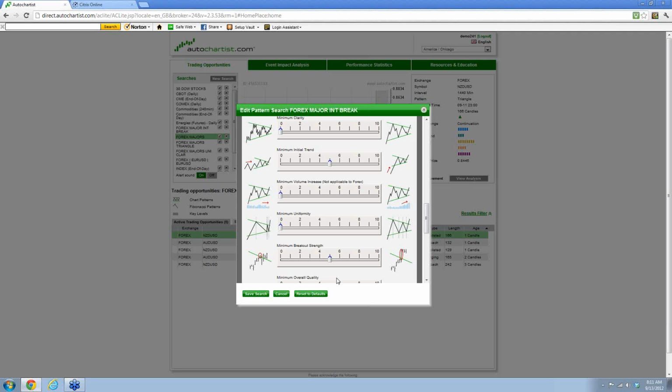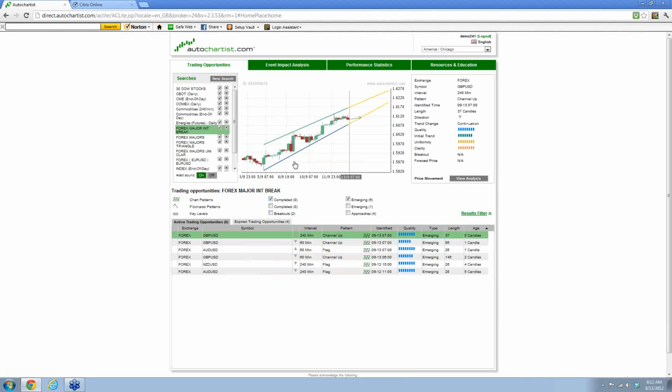Now, if I'm a trader that wants to look at how the pattern forms, then what I do is take a look at the same Forex markets, but I search for opportunities that have a high clarity rating, 5 or better, and a high uniformity rating.